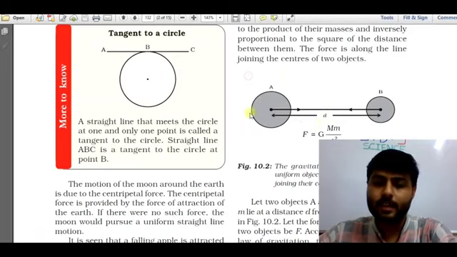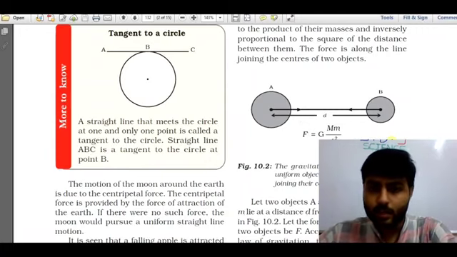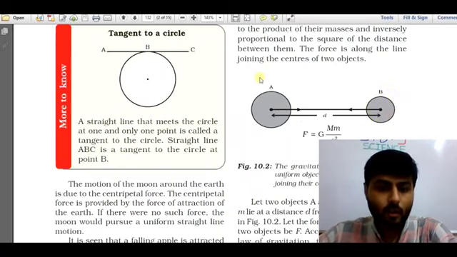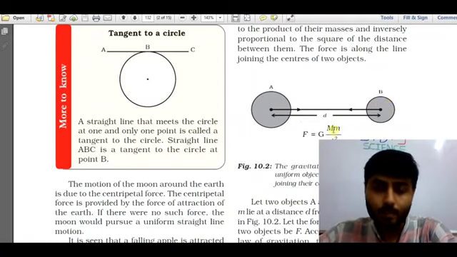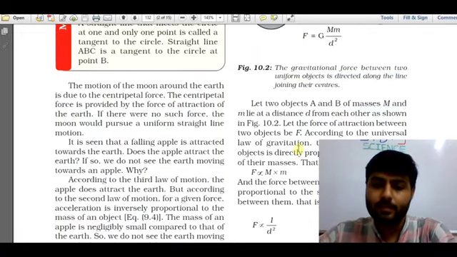Remember this figure, and whenever this question is asked in our examination, we have to draw this basic figure, which denotes object A with mass capital M, object B with mass small m, and the distance between them as d. So this is the basic figure.